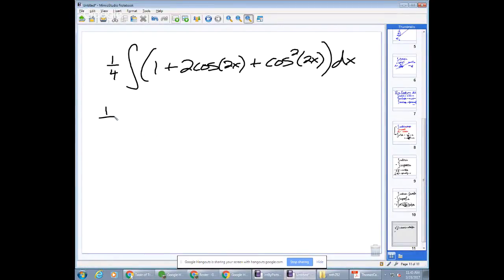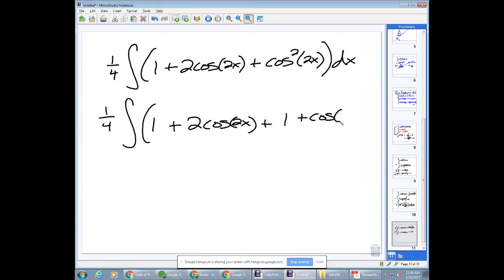So this is going to be rewritten as 1/4 times the integral. 1, that's no problem. 2 cosine of 2x, that's no problem. And then that cosine squared is going to be rewritten as 1 plus the cosine of 4x over 2. And now I'm finally at a point where I can come up with an antiderivative.